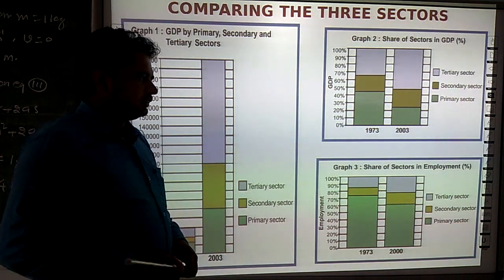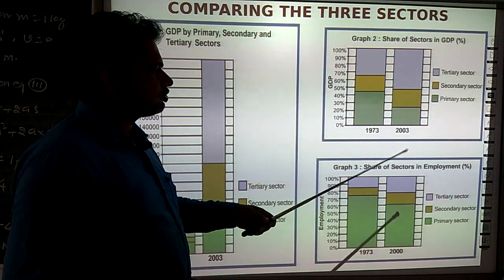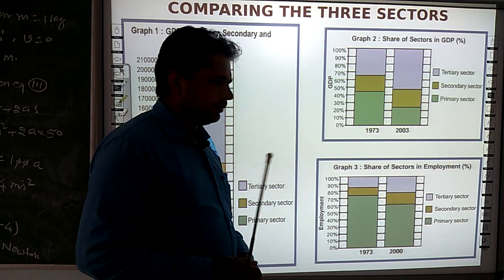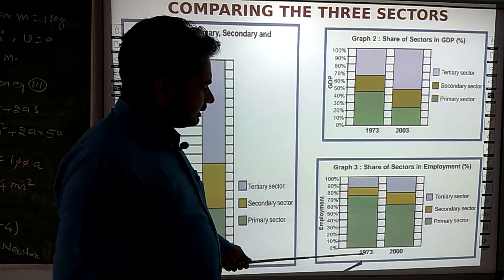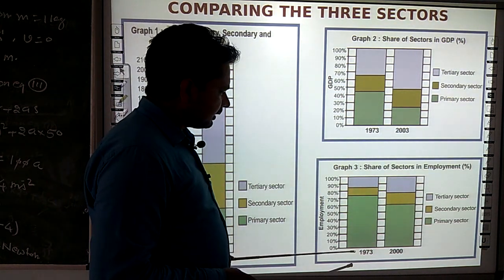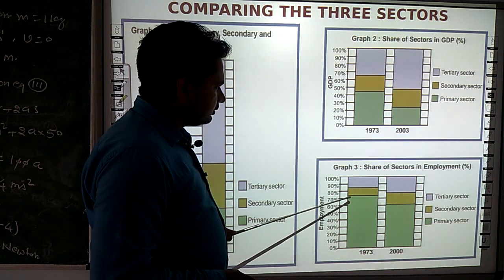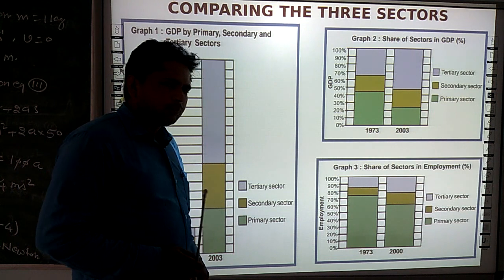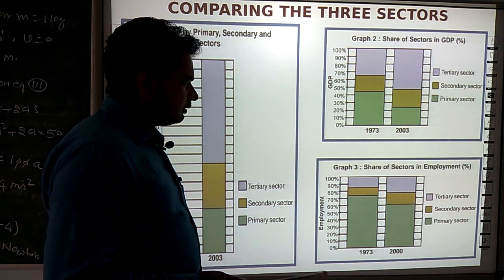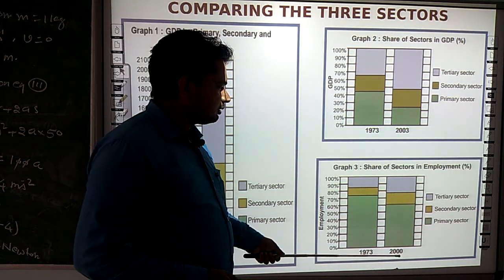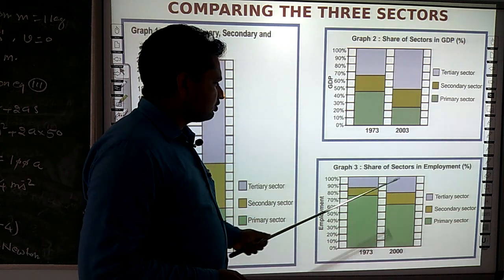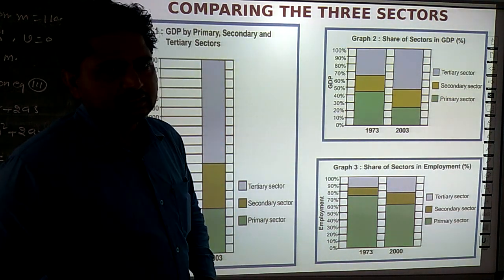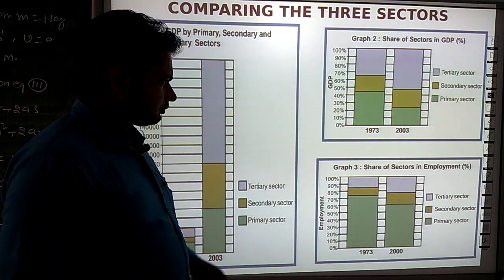Here you find, if we see the contribution of these sectors in providing employment, then in 1973 the primary sector provided jobs to up to 82% of the population of our country, but in 2000 only 60% of people remained in the agriculture sector.